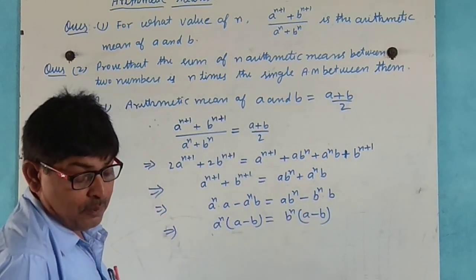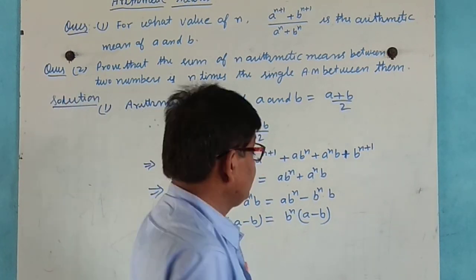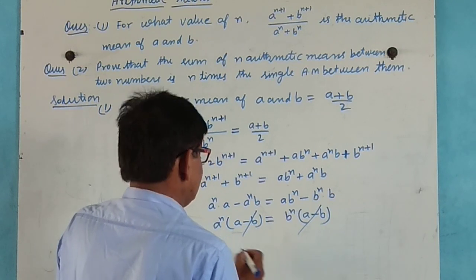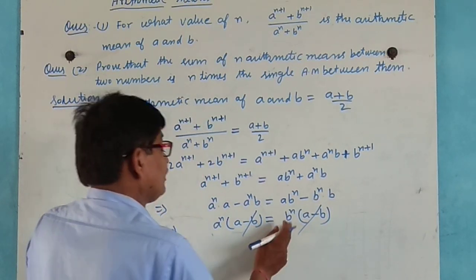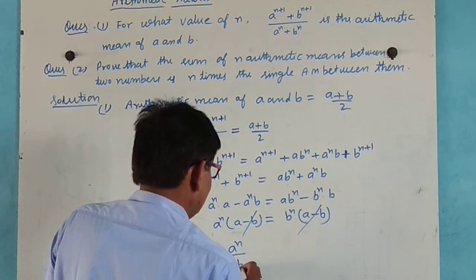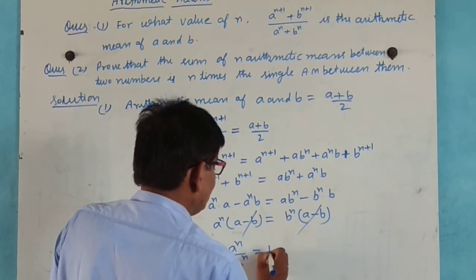Now in this case a minus b and a minus b cancel, this comes here a to the power n divided by b to the power n equal to 1.